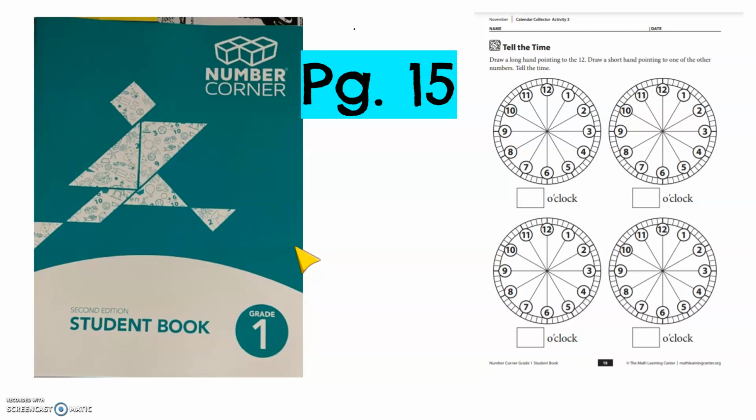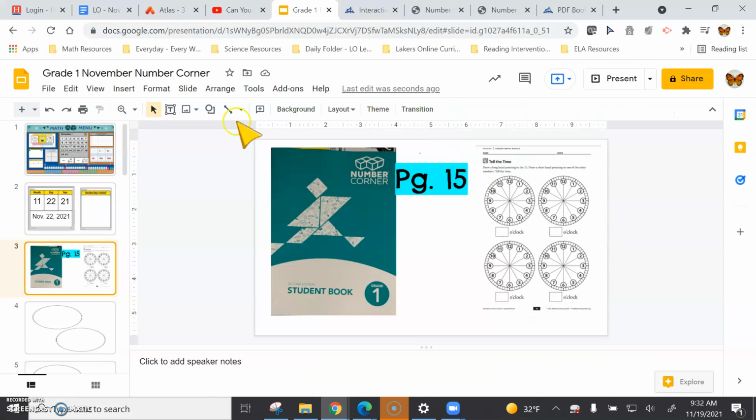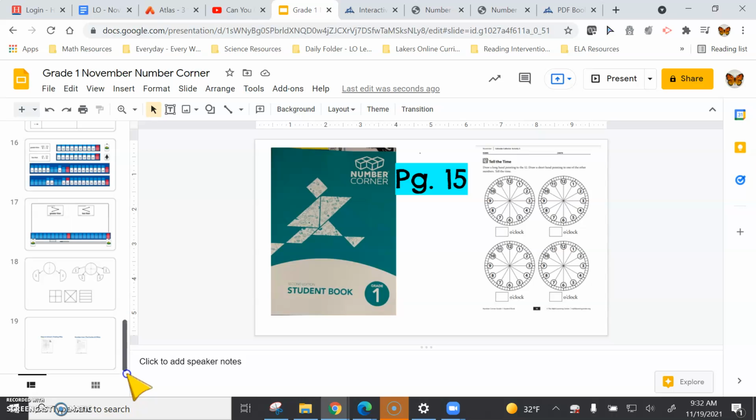If you need to pause the video while you go grab the book, you can do that. But hurry back. Once you have your number corner book, turn it to page 15, and we are going to work on this page together.